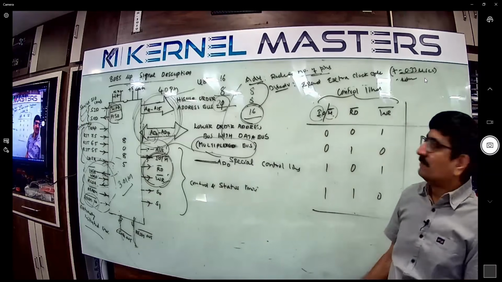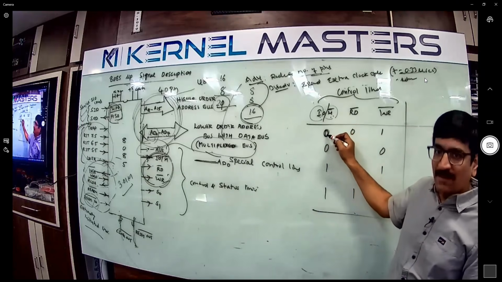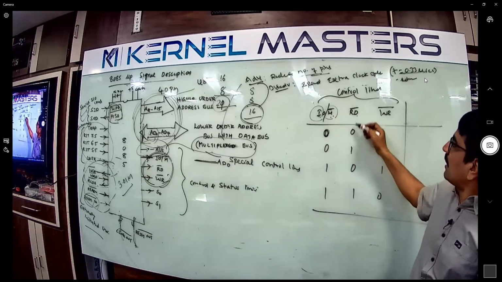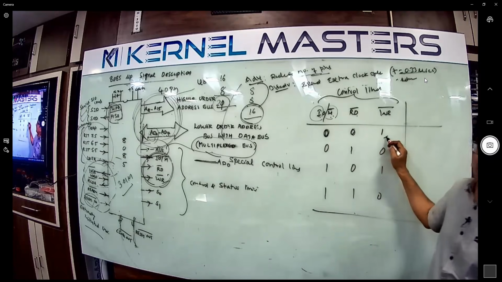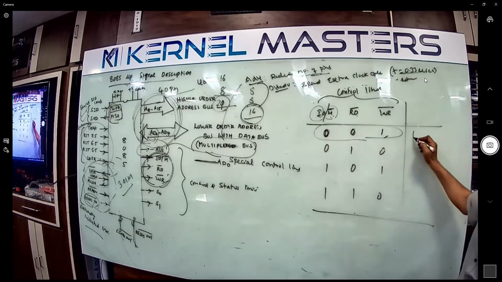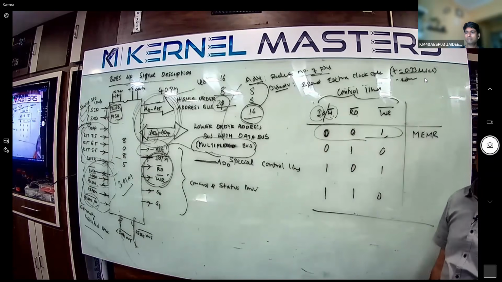Understand now? For example, 0: the meaning of 0, which operation? Memory operation. And read bar 0, which operation? Read operation. So write is disabled. Overall, which operation? Memory read operation.